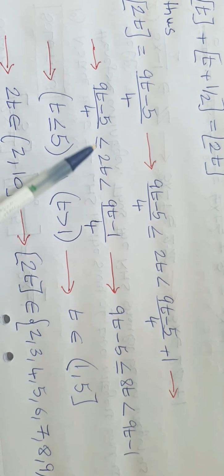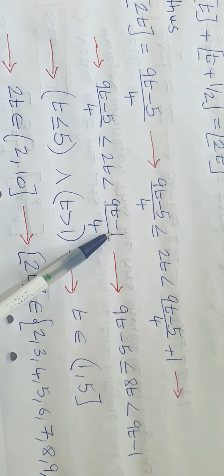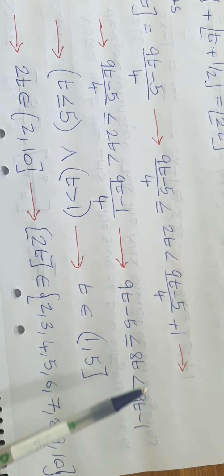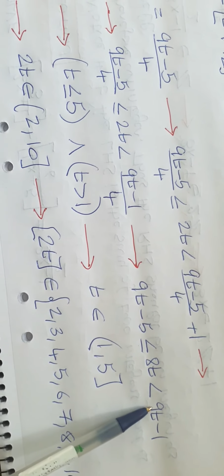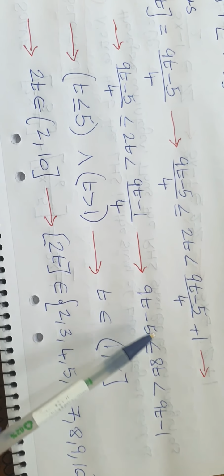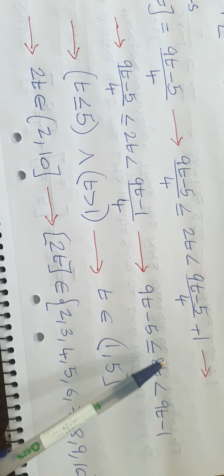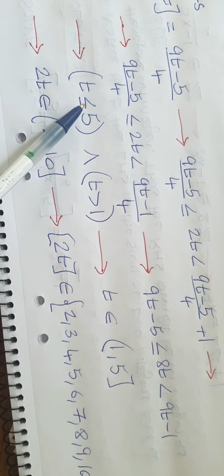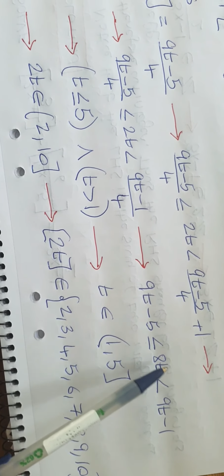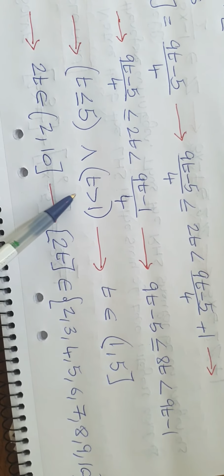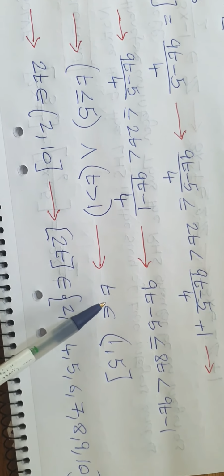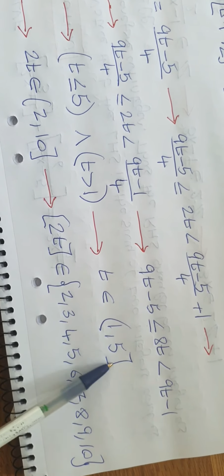To make it easier, I multiply by 4, which is a positive number, so the inequalities do not change. Now the left-hand side inequality would give me this one, and the right-hand side inequality would give me that one. And those together mean that t belongs to this interval.